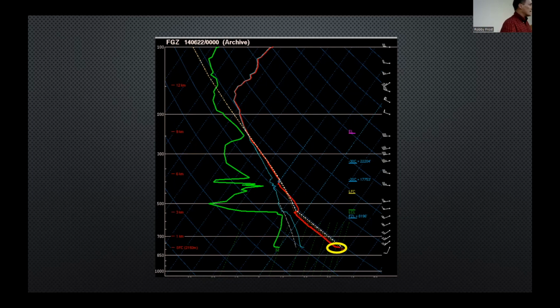That super adiabat is what drives vertical mixing. It's not the dry adiabat, it's the super adiabatic contact layer where you get, does anyone know the term for that? Absolutely unstable. And what kind of convection? Auto-convective.